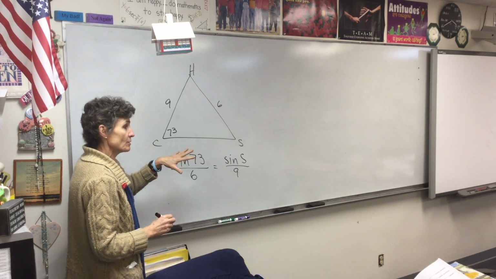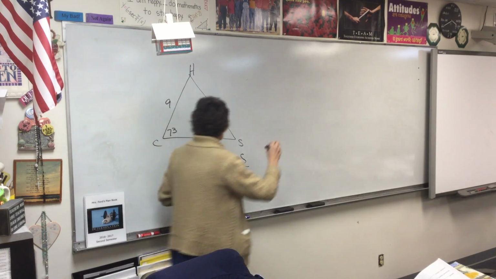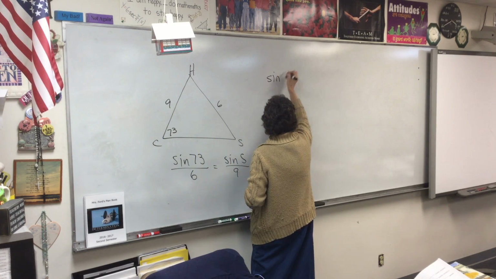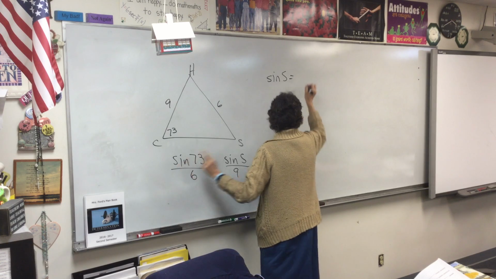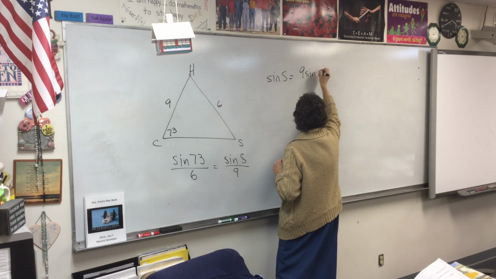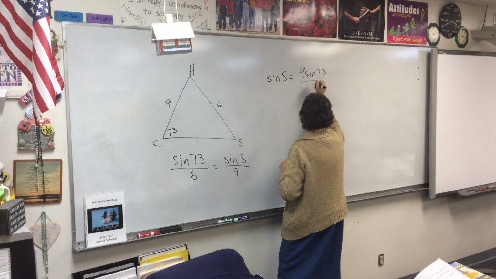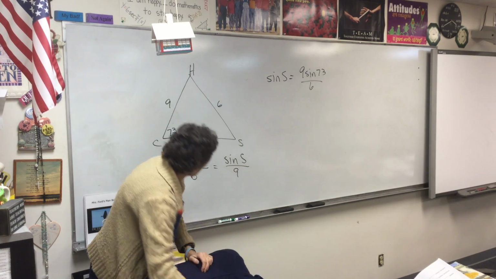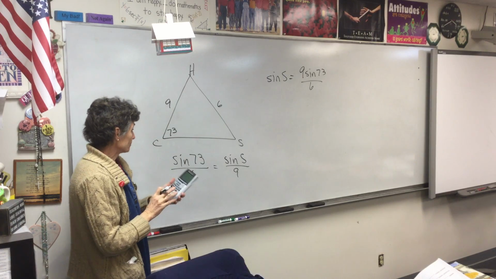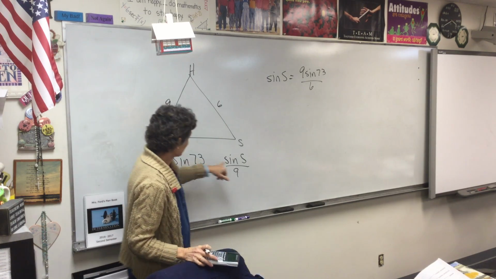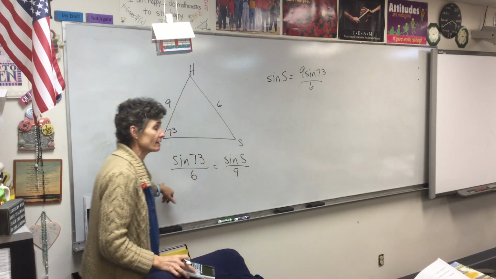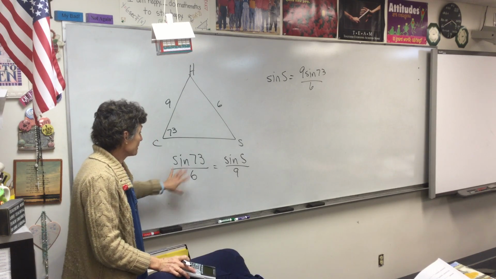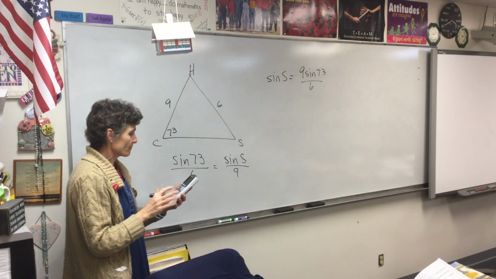So now I'm going to cross multiply. So I'm going to figure out that sine s is 9 sine 73 over 6. I'm just cross multiplying and dividing in my law of sines equation.